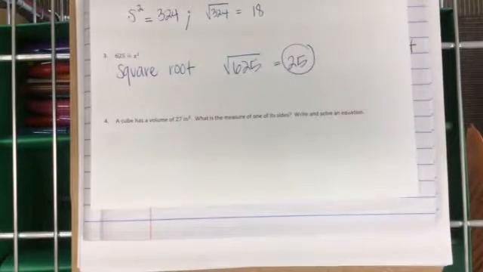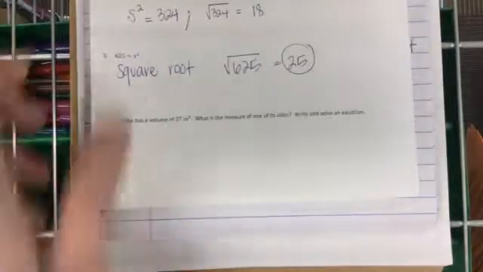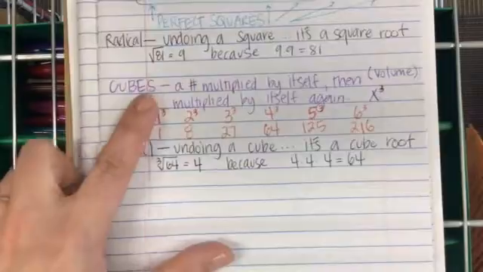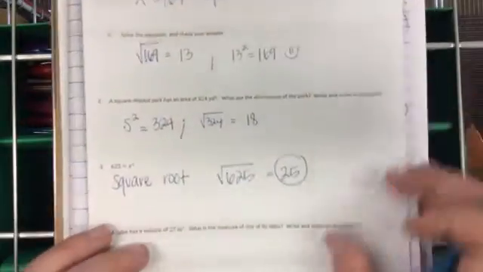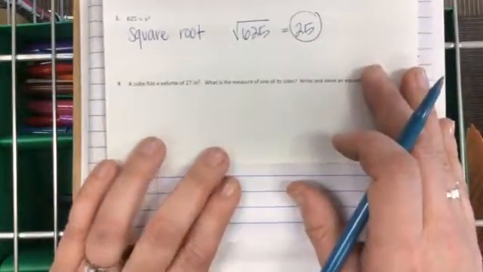Number 4, a cube has a volume of 27 inches cubed. Which one did we write volume next to? Squares or cubes? Cube. Yeah, volume is cubes.